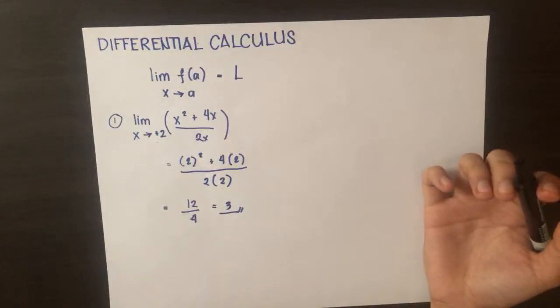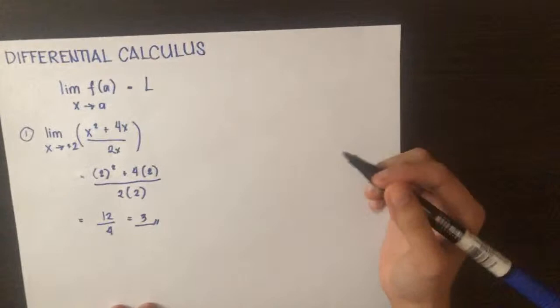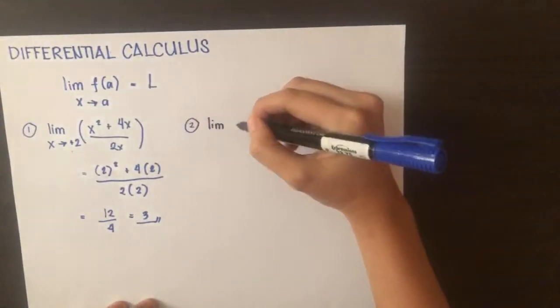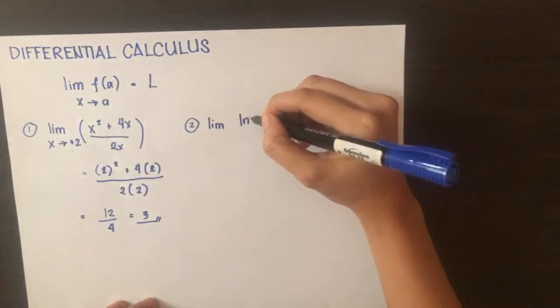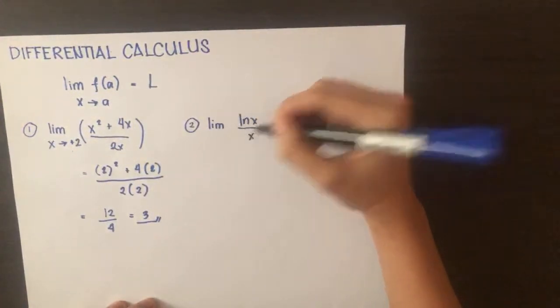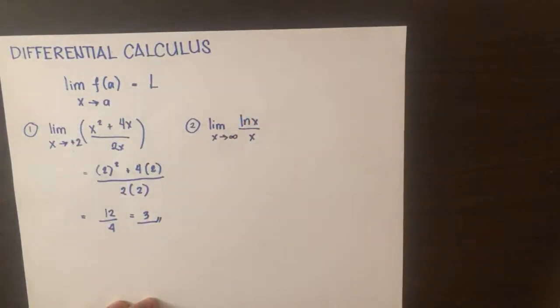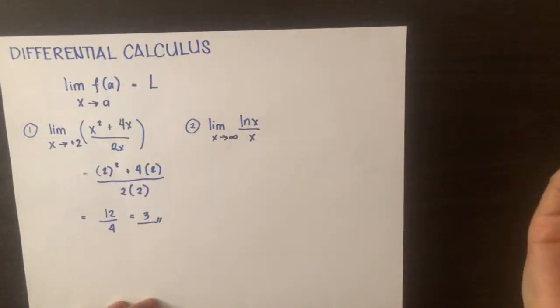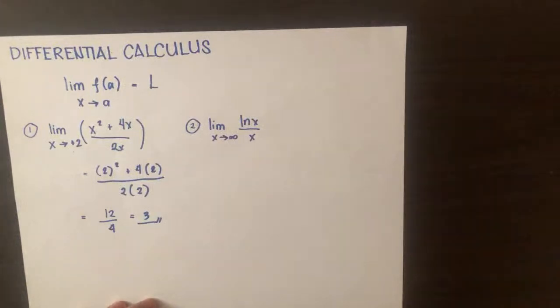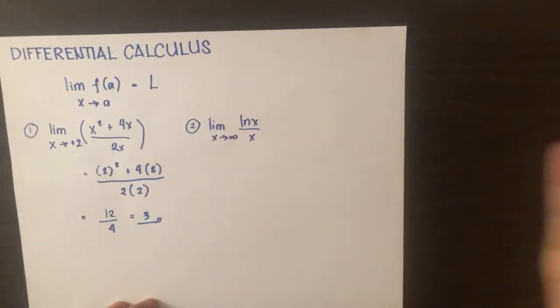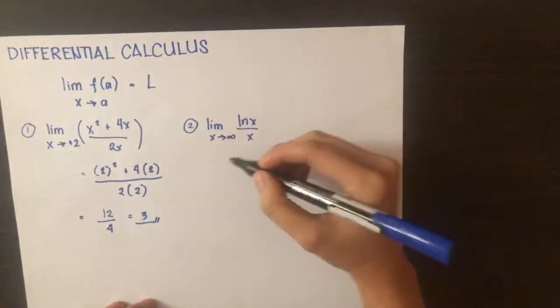How about if we have the limit of ln of x over x as x approaches infinity? So, si infinity, ililet lang natin siya na sobrang laking value. So, it may be 1,000, 10,000, basta anything na super big yung value niya.